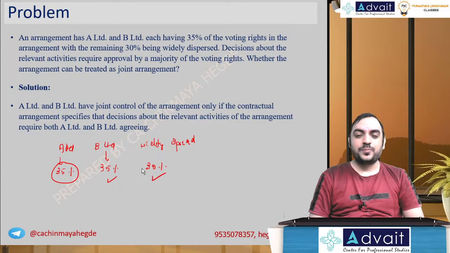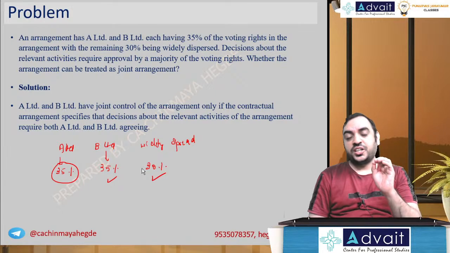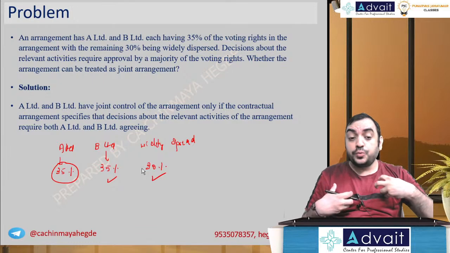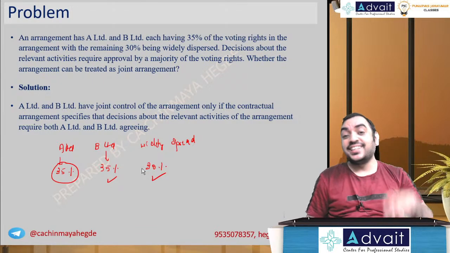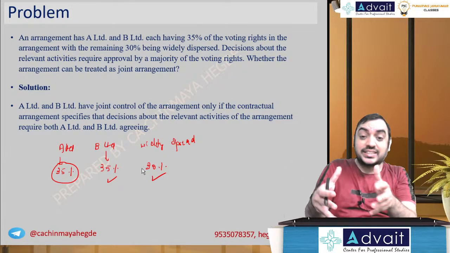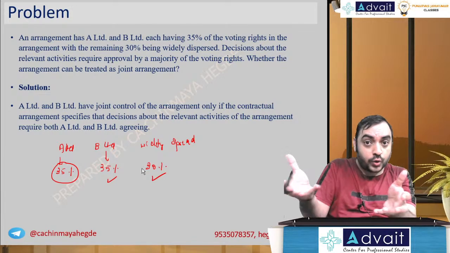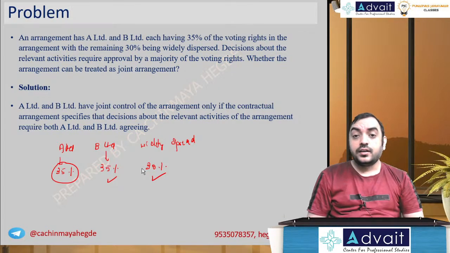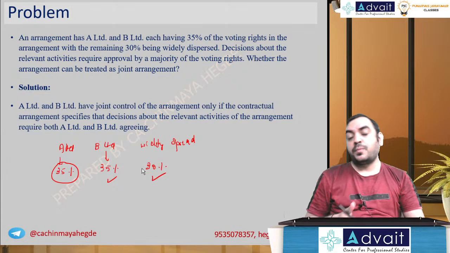Don't think like that. If you want to say joint control, there have to be two specific conditions. One, you should be able to stop others from making the decision. That means your presence is a must. You have control, that's the meaning of it. And the other person's presence is also a must.